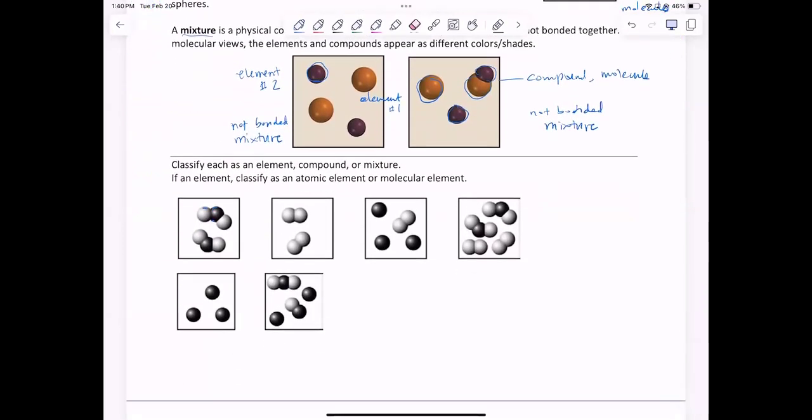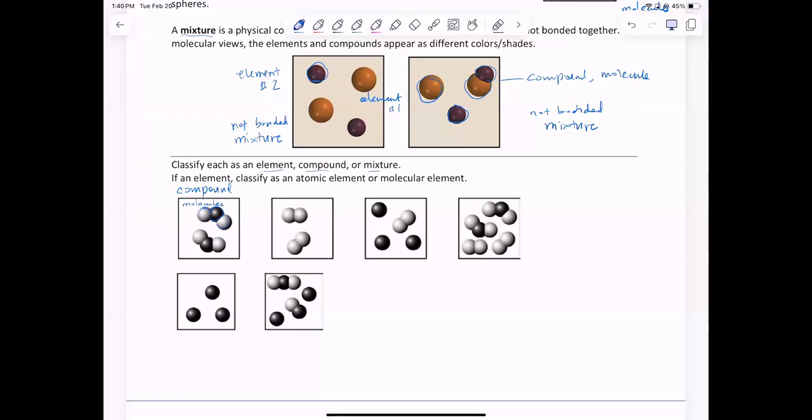When you have, this is definitely 2 different colors. You've got your black atoms and your white atoms. This is a compound because those atoms are bonded together. Okay, so we're just classifying element, compound, or mixture. You could also say that these are molecules as well when they're smushed together.